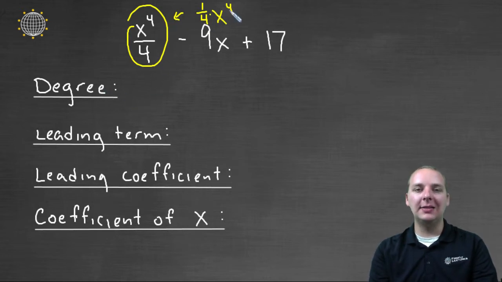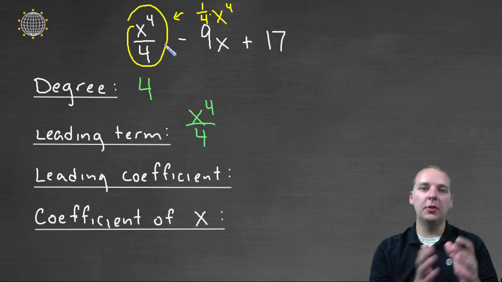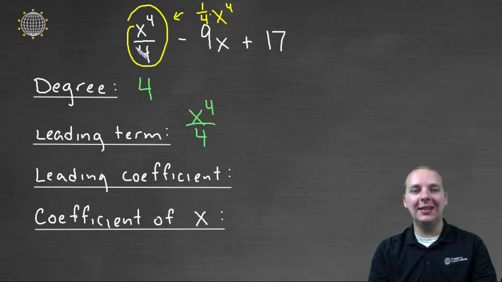So that would be the highest exponent. It would be 4 for any of your variable terms. So we have a degree 4 polynomial. The leading term is that entire first term, x to the fourth over 4. All right, now what's the leading coefficient though? Well, it kind of looks like the number in front of the x to the fourth is a 1, but remember, if you pull this x to the fourth off the numerator and have it multiplied by a constant, the entire constant would be 1/4.